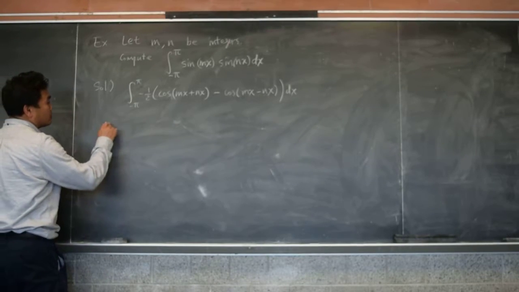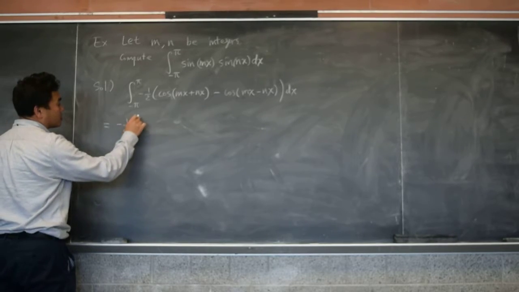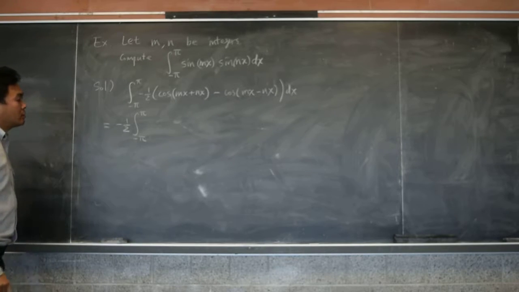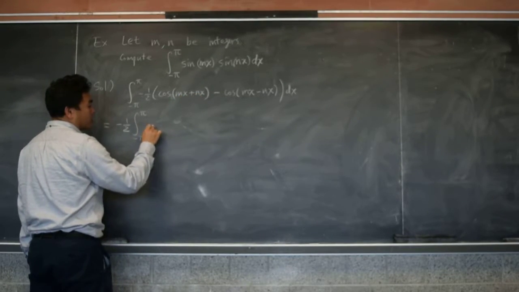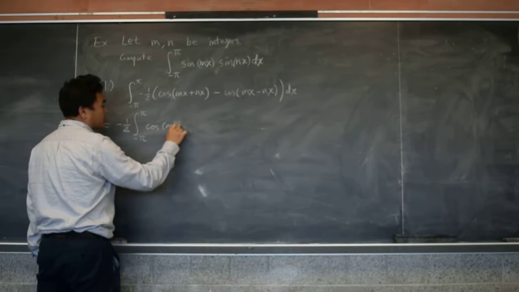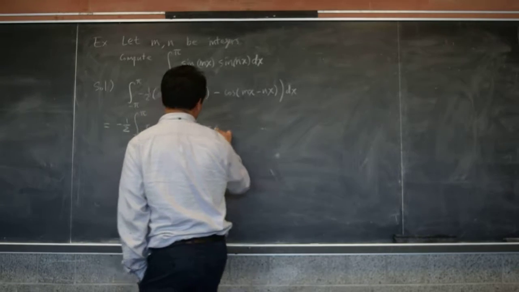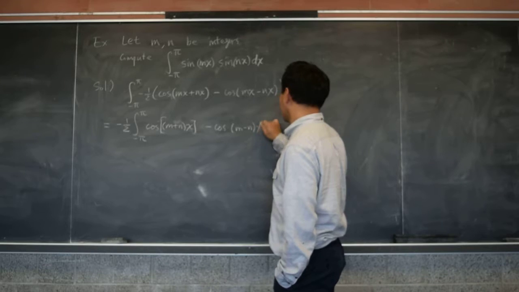And then you can pull the negative 1/2 out. And we can factor the x's out, and you get cosine m plus n x minus cosine m minus n x.